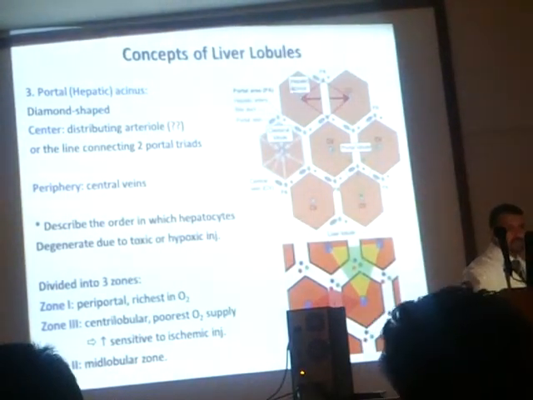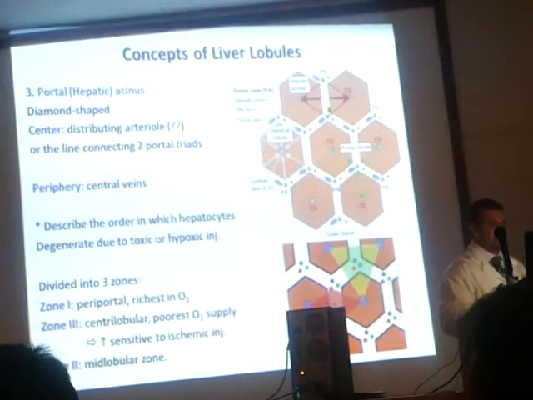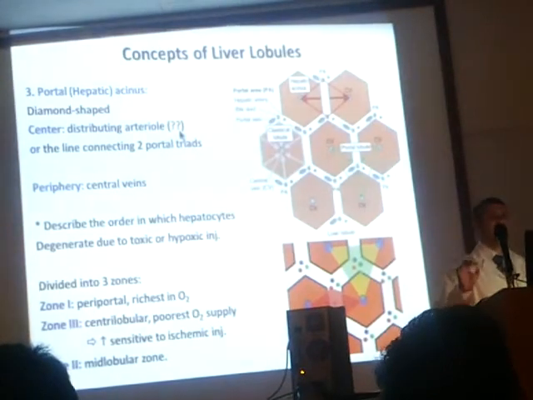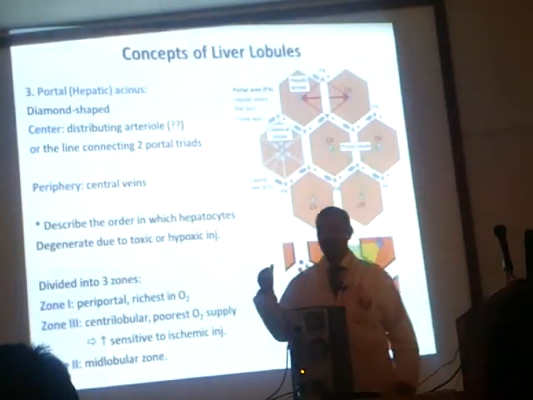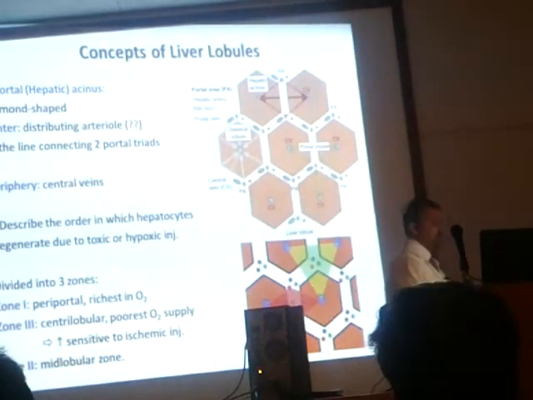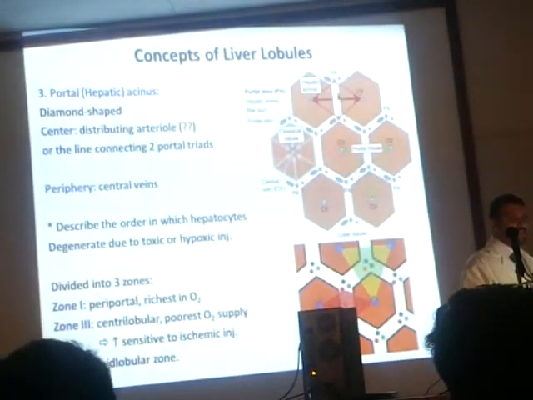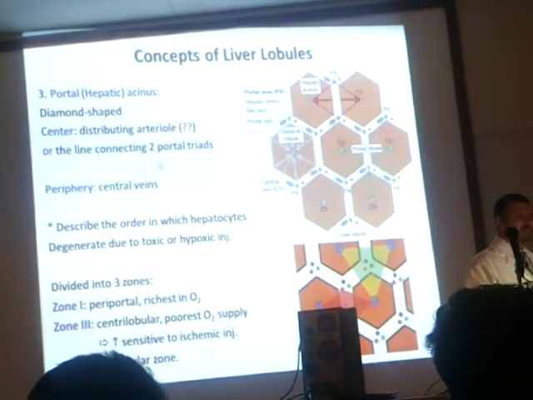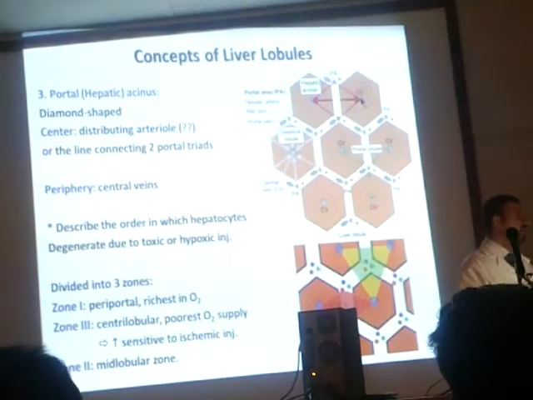So it's a diamond shape, as you see here in red, a diamond-shaped lobule with its center being the distributing arterioles. Those are outstretched branches, this is the definition, outstretched branches from hepatic arteries in the portal triad. In other words, it will be the line joining two portal triads together. The distributing arteriole's periphery will be the two central veins.